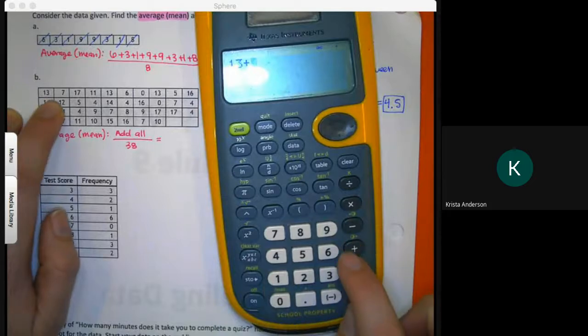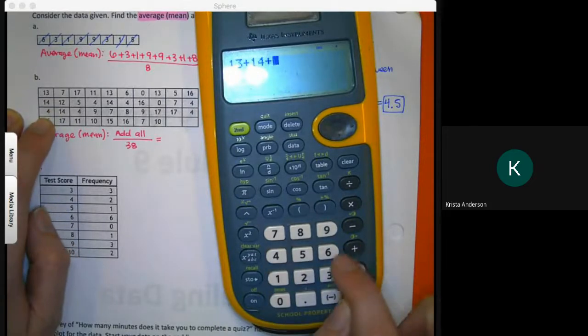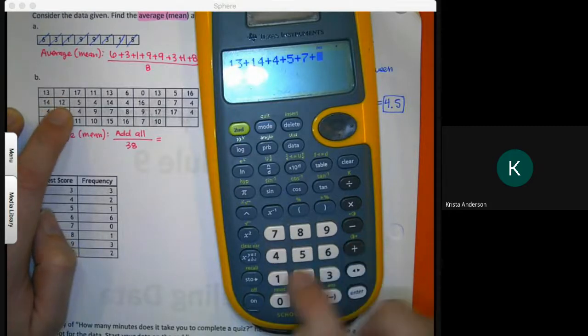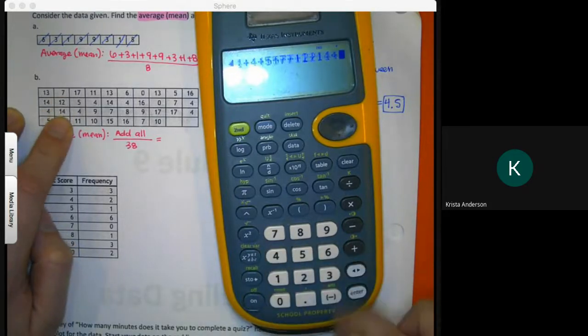13 plus 14 plus 4 plus 5 plus 7 plus 12. See how it's a lot of calculating?